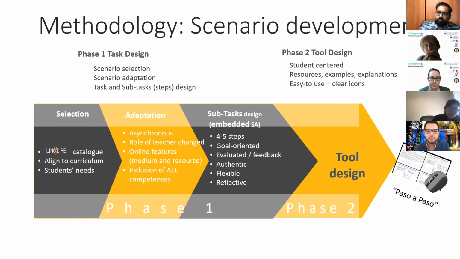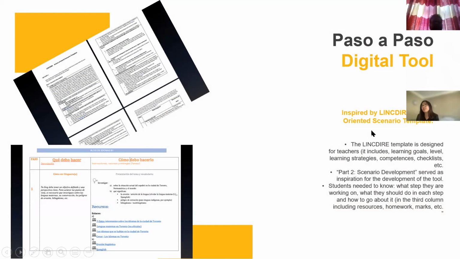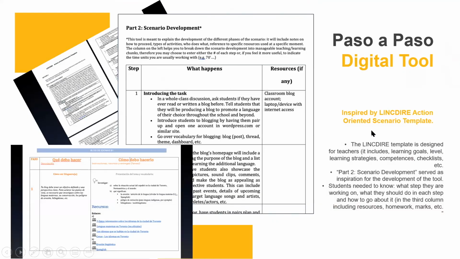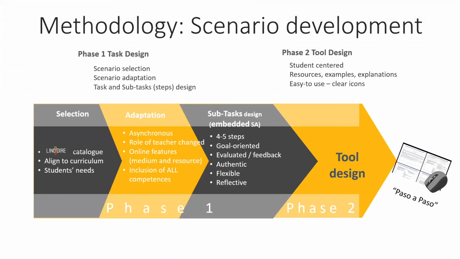So this resulted in phase 2 of this scenario development: the design of a pedagogical tool that we call Paso a Paso, and it contains resources, examples, links for grammatical accuracy, for vocabulary range, anything that a teacher would usually do. We call it Paso a Paso.